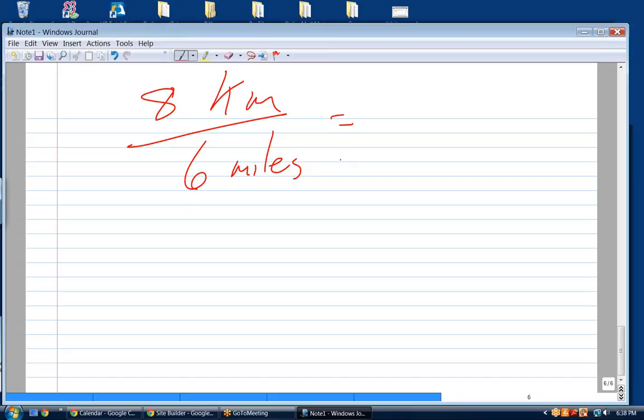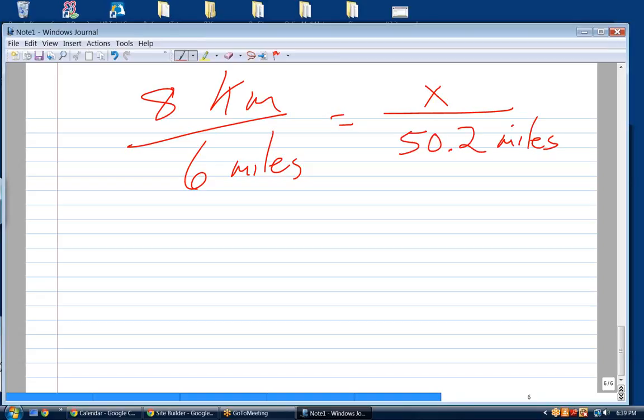And then it is blank kilometers over 50.2 miles. 50.2? Yep. Okay, now this one is particularly easy to solve. How do you solve this?